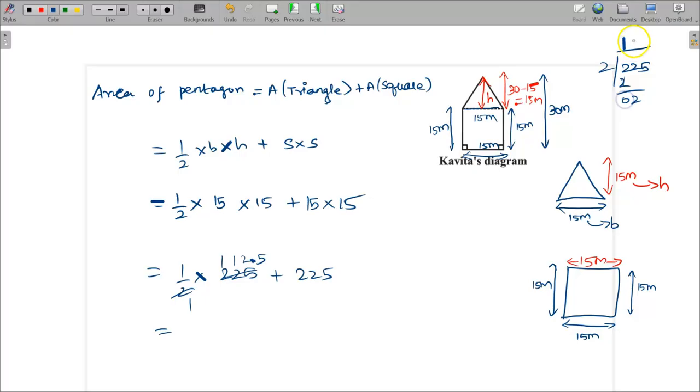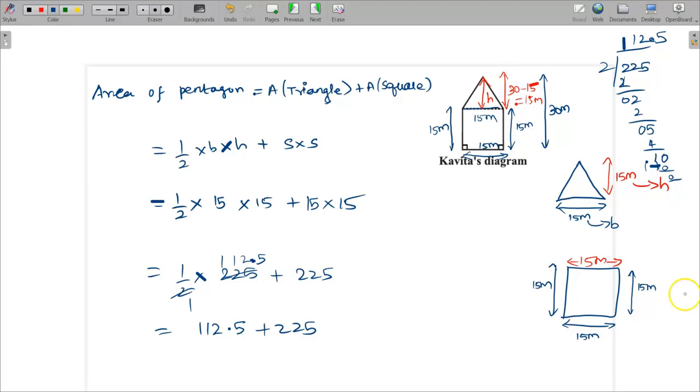So whichever is easy for you, that you can do. So put the decimal point here, 10, 5 twos are 10. So 10 minus 10 get cancelled, so we will get 0. So 112.5. So 112.5 plus 225.